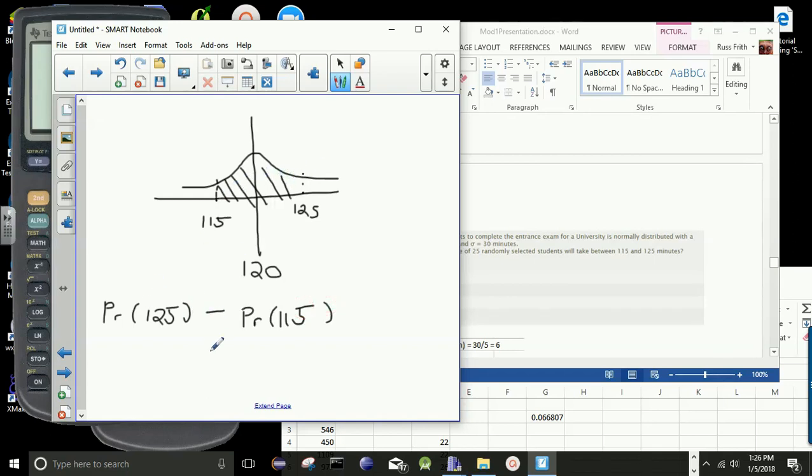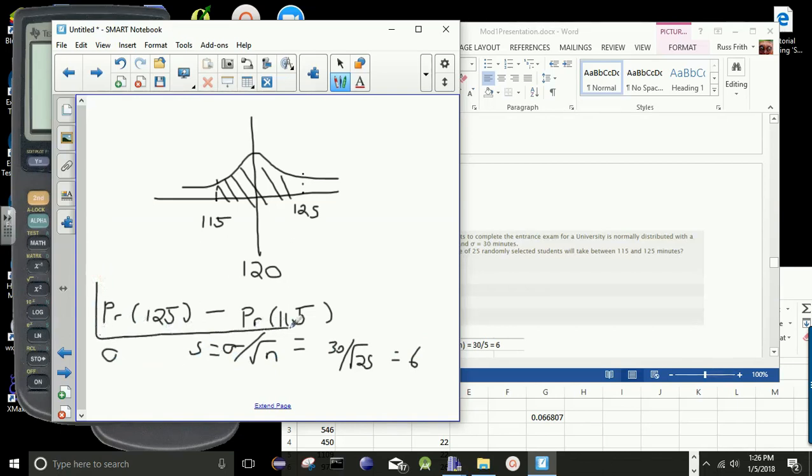The only caveat to this problem is you have to use S. S is equal to sigma over the square root of n. Our standard deviation is 30, and the sample size is 25. So that's equal to 30 over 5, which is 6. That's the value we'll have to use for our standard deviation.